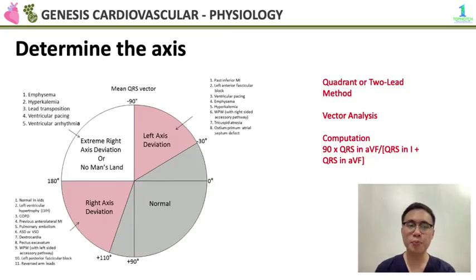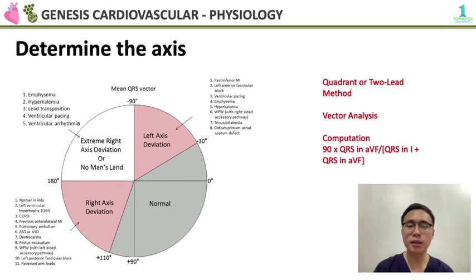So for the next step, we want to determine the axis. For the axis, there are a variety of ways by which we can measure it. We can have the quadrant method or two-lead method, vector analysis, or you can compute for it. So paano ba natin kino-compute? Basically, you need to count the number of squares in the AVF and lead 1, and then you multiply it by 90. 90 times AVF divided by 1 plus AVF.